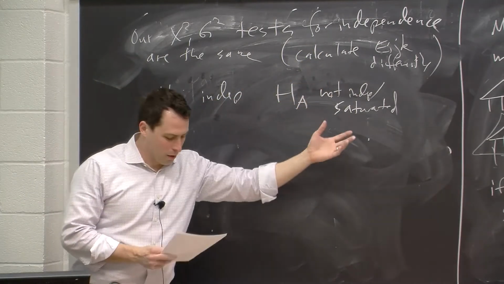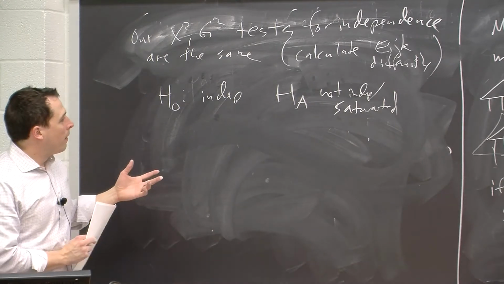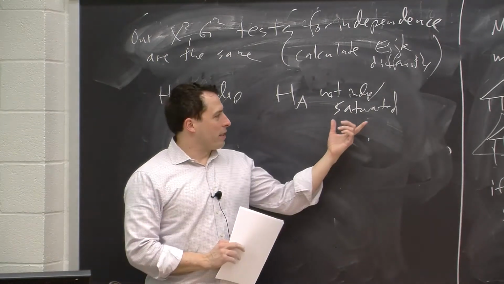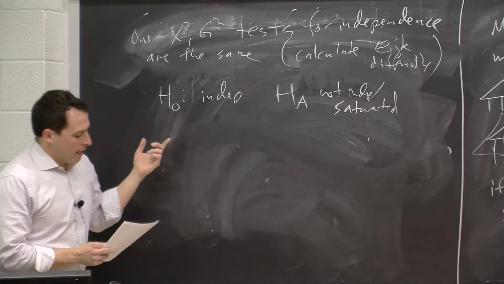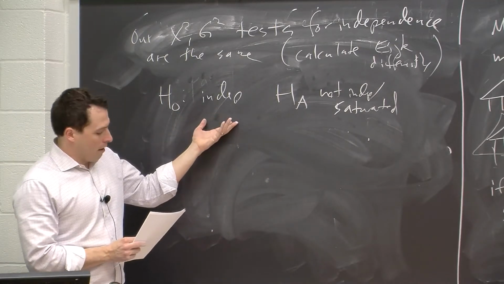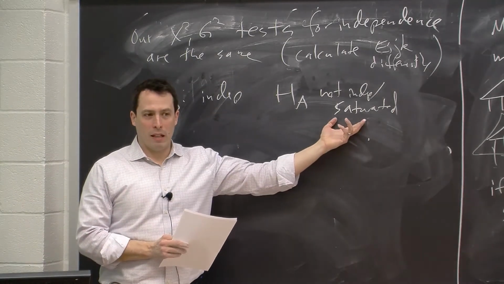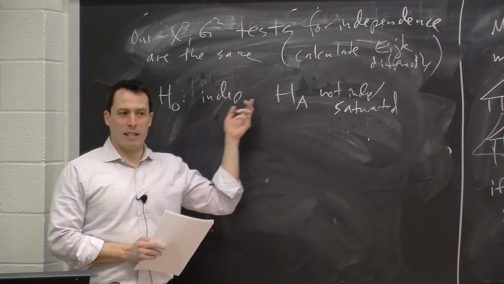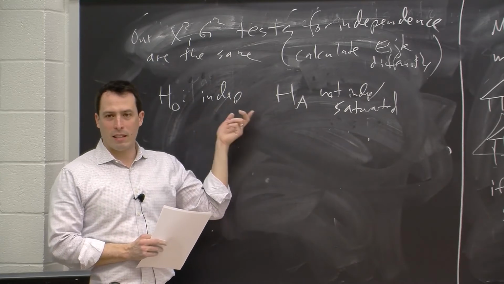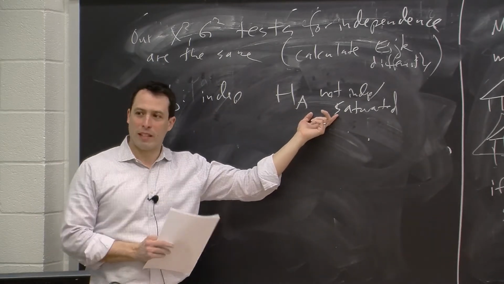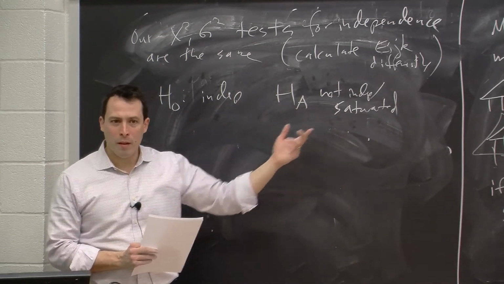That continues to be true. So we've thought about this as being the only alternative, but really what we're doing here is a nested test. We have one model, and it sits inside another model, and we're comparing them. We're trying to see how much better this fits than that. And in this case, because this fits everything perfectly, that's fairly simple.